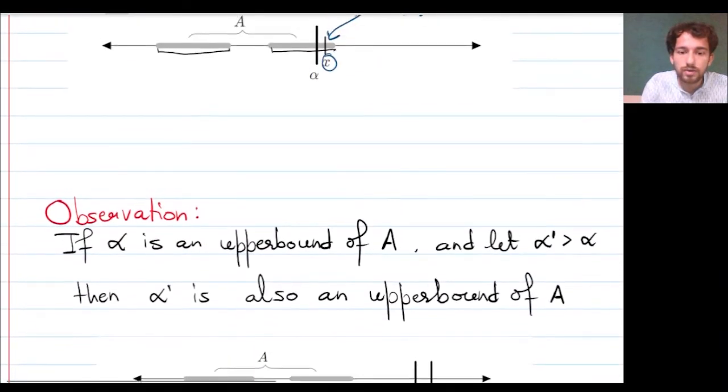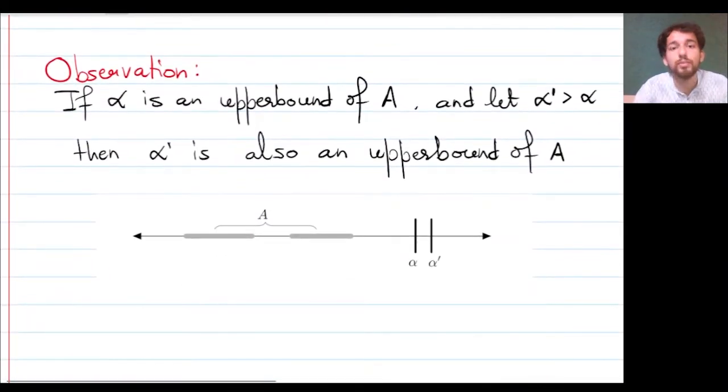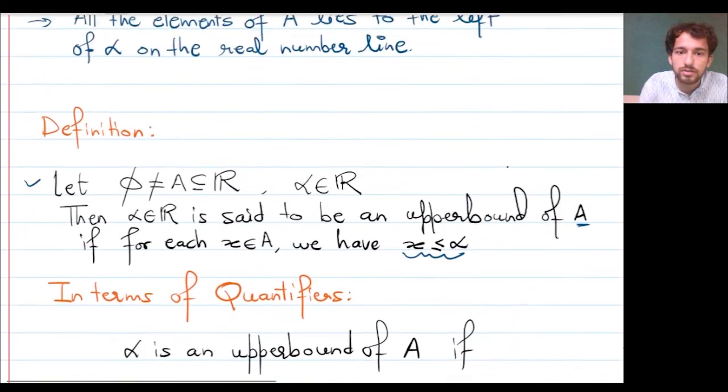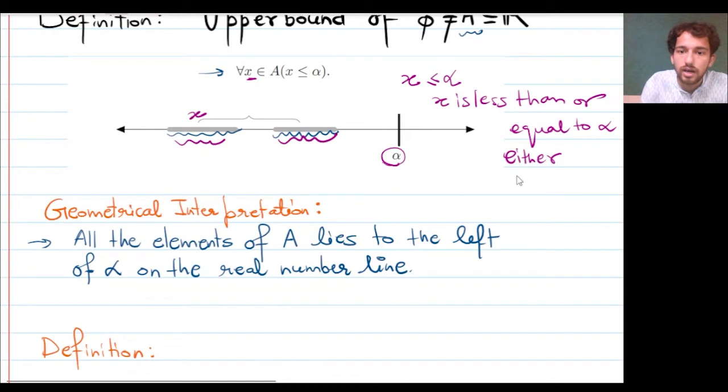Now here are some observations which I want to make. Suppose you go back to the first figure which we took at the very start. Now suppose there was another point which lies to the right of alpha, let me call it beta. You can give it any name, it's a dummy variable. So suppose I call it beta.